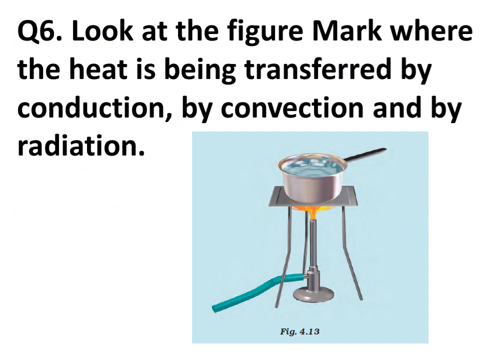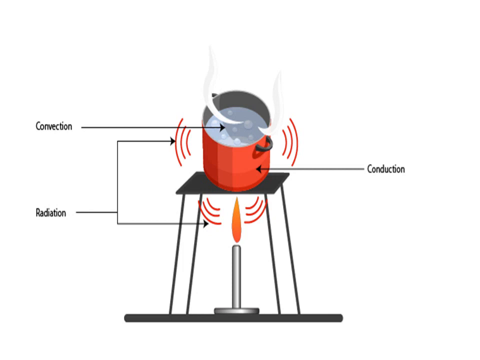Now look at the figure. Mark where the heat is being transferred by conduction, by convection, and by radiation. So the answer is: convection is shown inside the vessel, and conduction is there on the vessel.